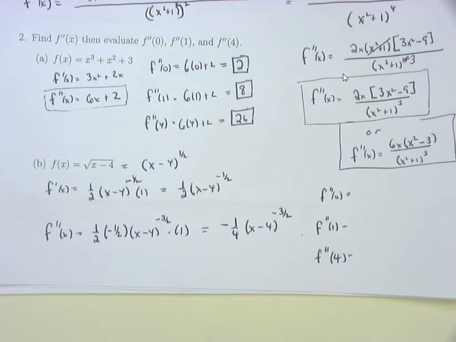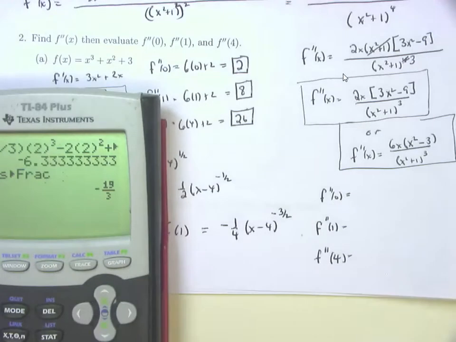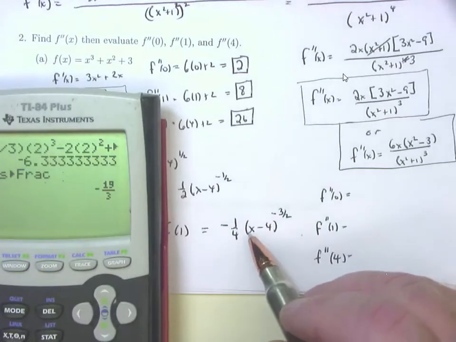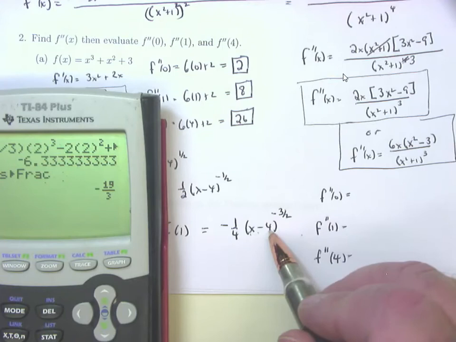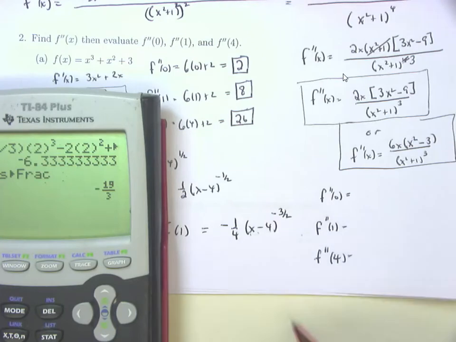Now, I'm going to plug in 0. 0 minus 4 is what? Negative 4. What's negative 4 to the 3/2 power? I'm going to just type it in. I'm going to show you. Negative 1/4 times 0 minus 4, which is negative 4, raised to the negative 3/2 power.